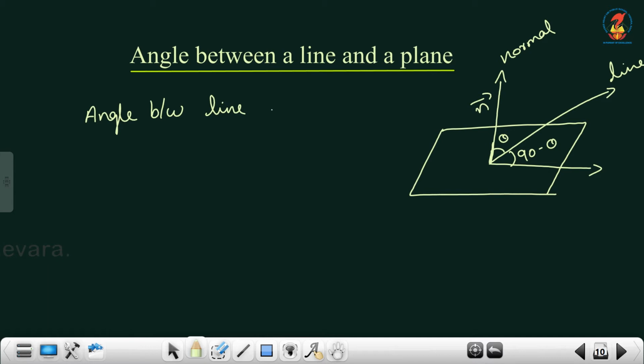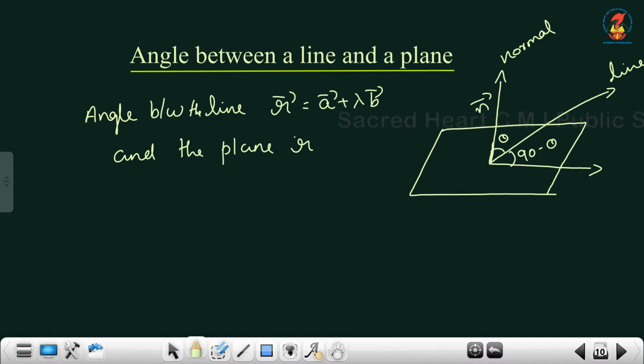line in vector form, vector A plus lambda vector B, and the plane. Vector equation of the plane is vector R dot vector n is equal to D. Here this theta is the angle between the normal and line.